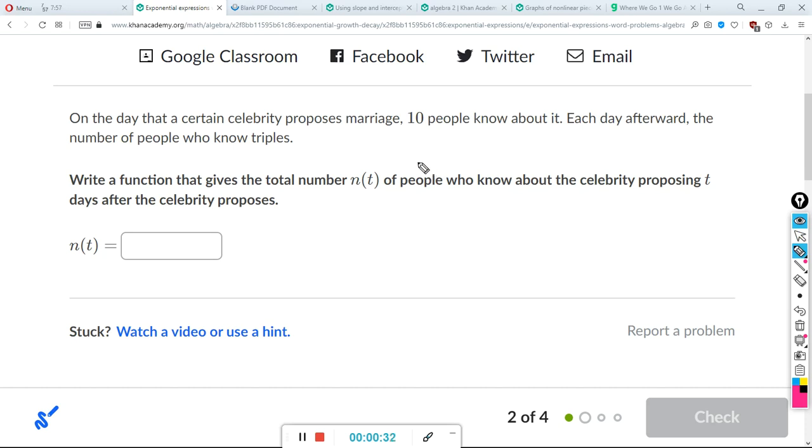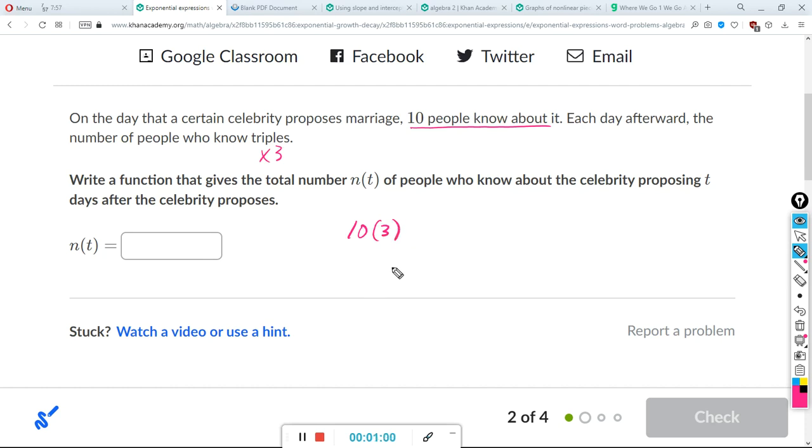Okay, so we start with 10 people that know about it. All right, and each day afterward, the number of people who know triples. That means it gets multiplied by 3, times 3, right? So we start with 10, and on the next day, it triples, so it's times 3.